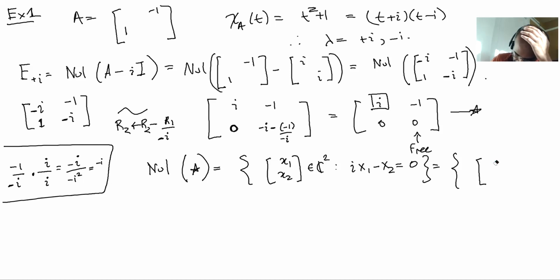So x1 is x2 divided by i. 1 over i is, okay, let's do it here. 1 over i is just minus i.